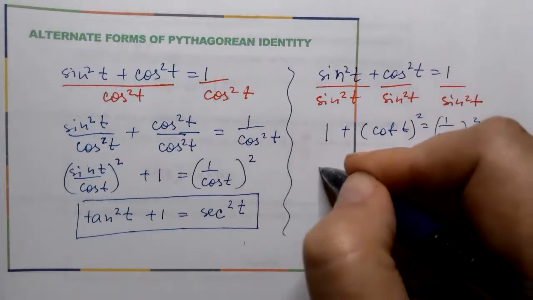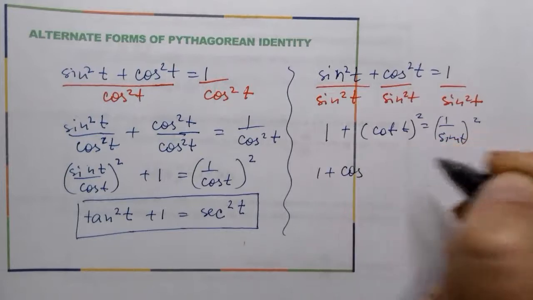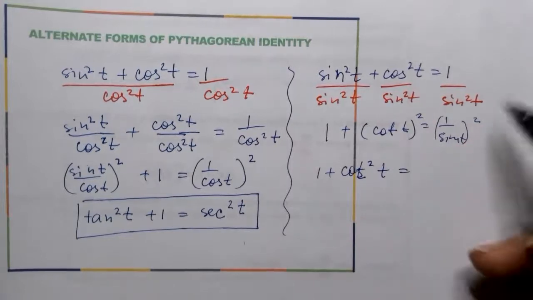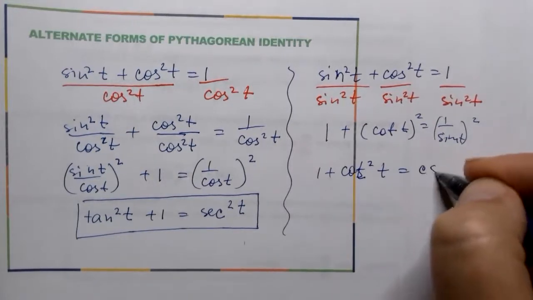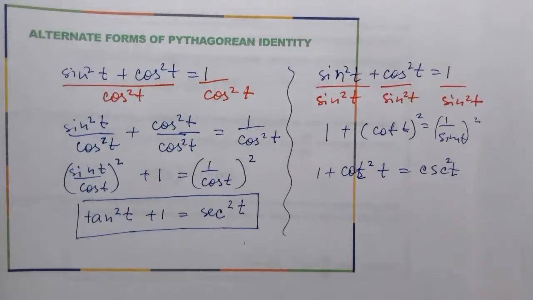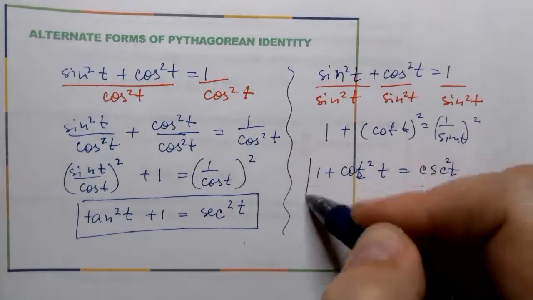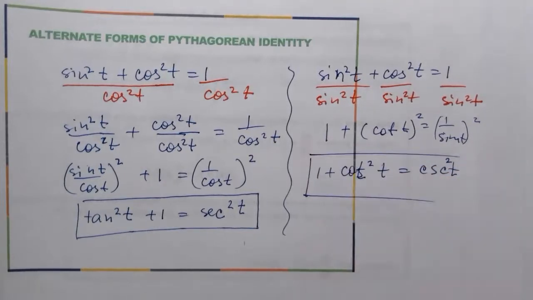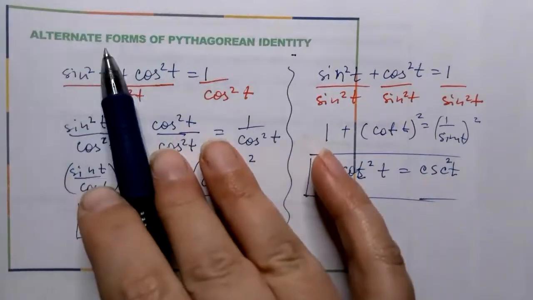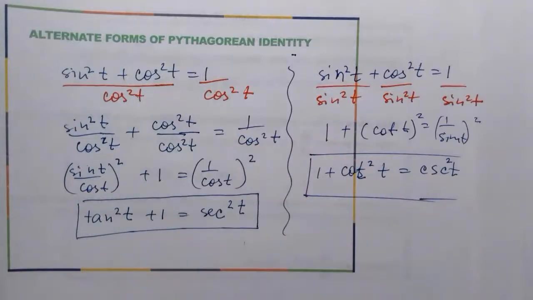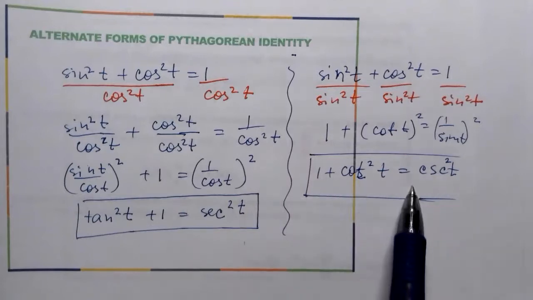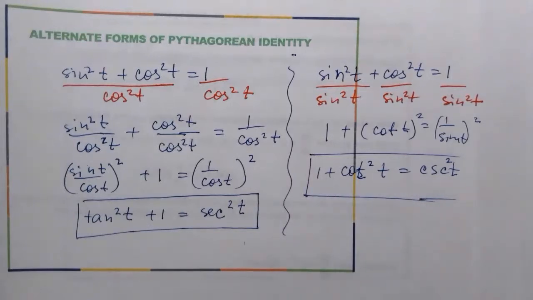So we have 1 plus cotangent squared t equals, since 1 over sine is cosecant, cosecant squared t. All right, so this is another derivative of your Pythagorean identity. These are called alternate forms of the Pythagorean identity. This is the original, and these are the alternate forms. Again, worth remembering.